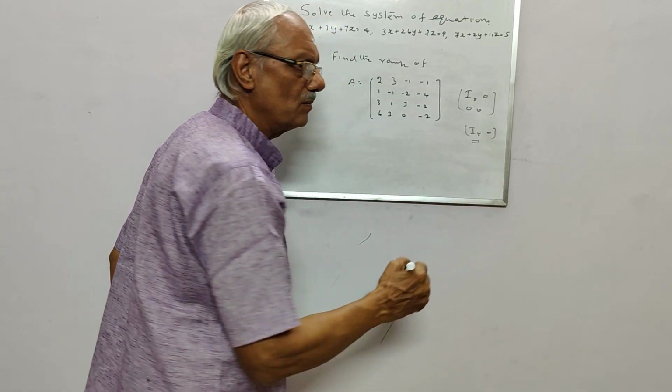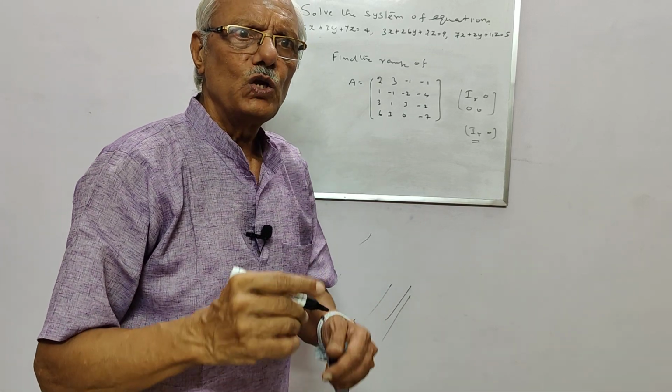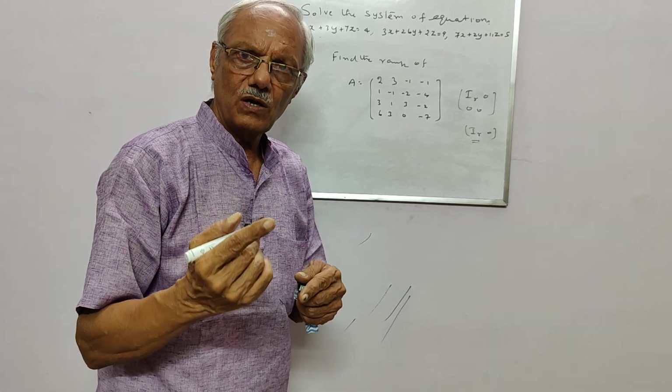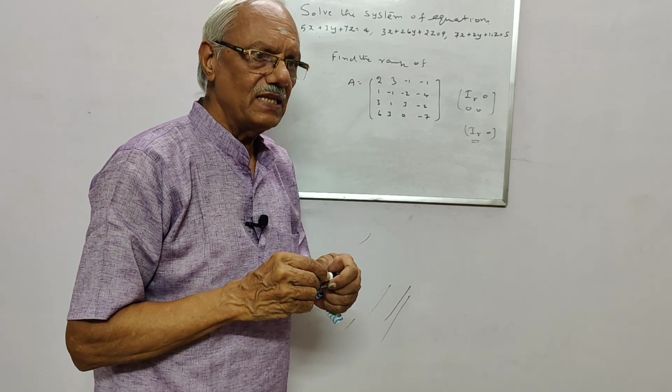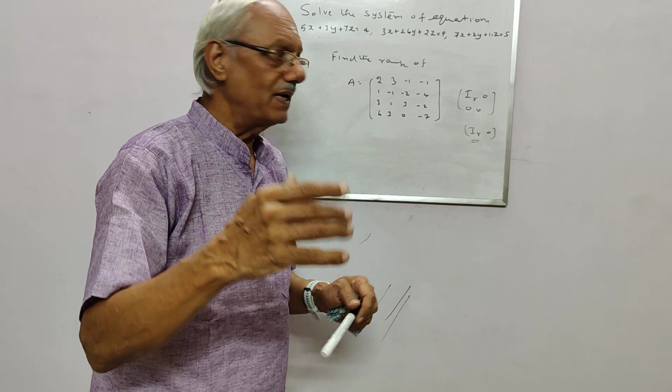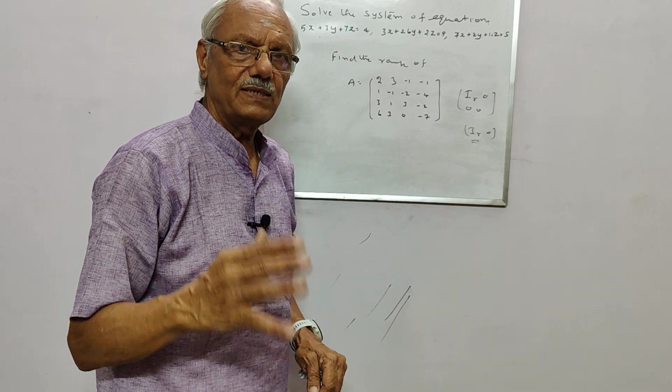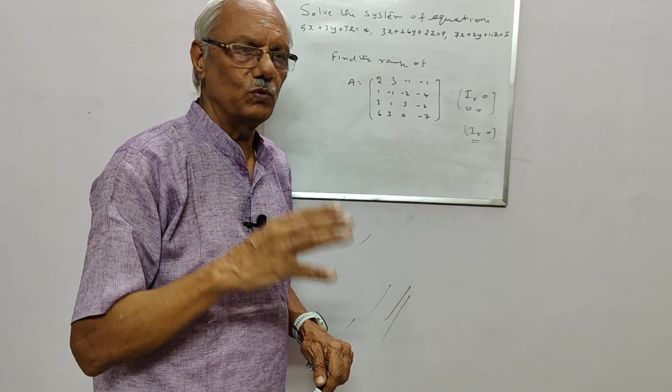This I_R is nothing but the unit matrix of order R, so that you can say that the rank of the given matrix is R. That is the way you have to do.